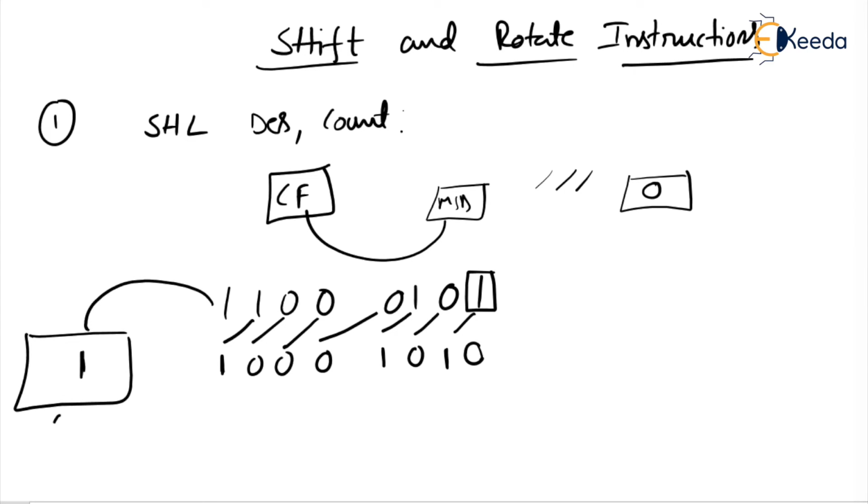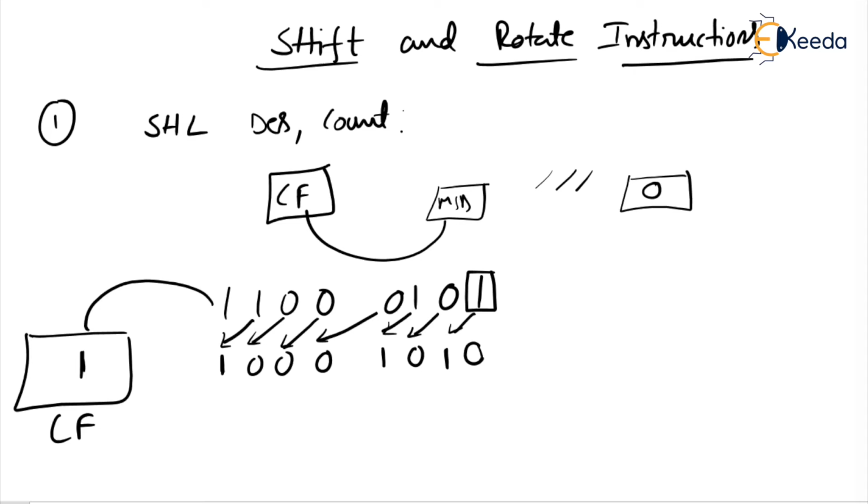Then the carry flag will become 1. This is called the shift left operation. We have to give the count. The LSB is put to 0 and the MSB is shifted into the carry flag. If the number of bits to be shifted is 1, then the immediate number 1 can be written in the count. However, if the number of bits to be shifted is more than 1, then the count is put in the CL register.